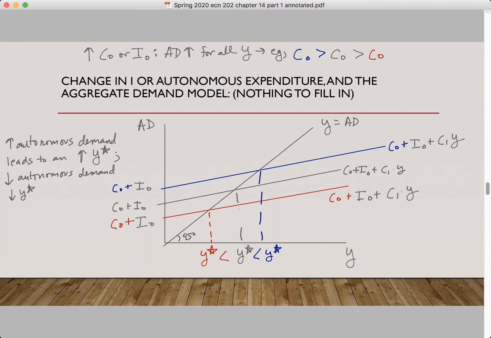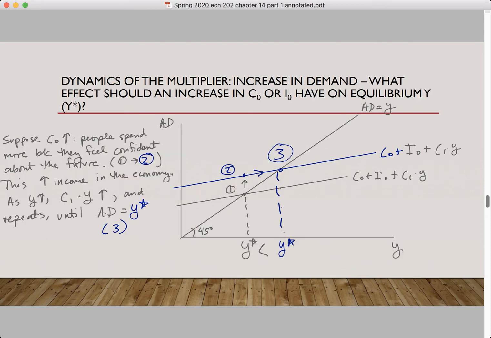So what's the mechanics? What is the dynamic by which we arrive at a higher or lower GDP if spending changes? The key idea here is that spending by one sector of the economy is income by another sector of the economy. Let's suppose that autonomous consumption increases. Suppose C0 increases. People spend more because they feel confident about the future.